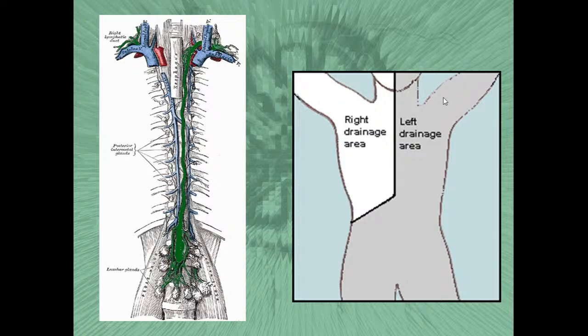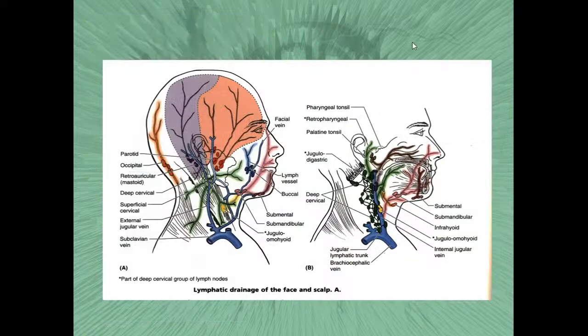And now we'll talk about the general principles of lymphatic drainage from the different organs and regions of the human body. And we'll start with the lymphatic drainage of the head and neck.